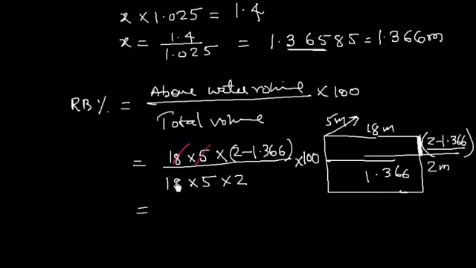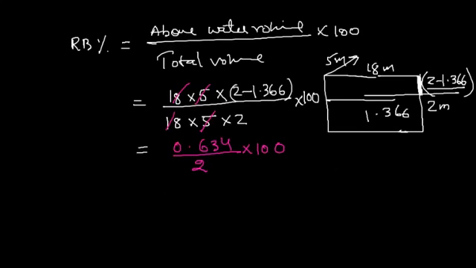All we can do is cancel this figure and this figure, and here we get 2 minus 1.366, which gives me 0.634, divided by 2 multiplied by 100, or simply I will get 31.7%. That is the reserve buoyancy of this box shape vessel.